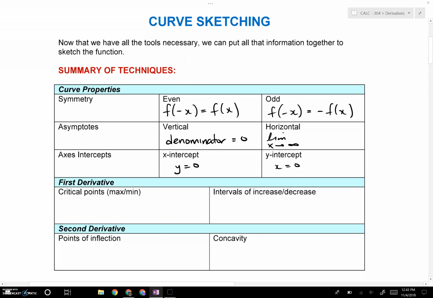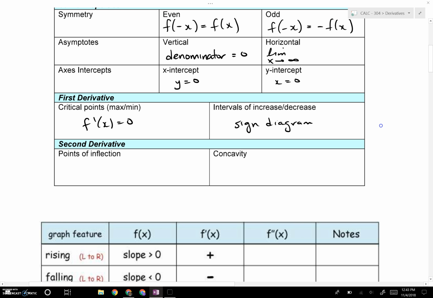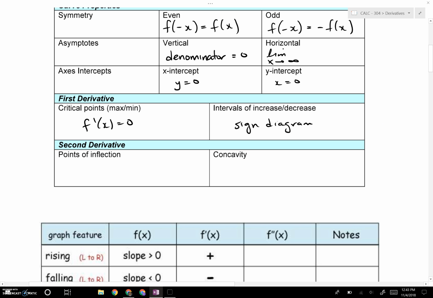In the first derivative, in order to find the critical points and the intervals of increasing or decreasing, we find where the derivative is equal to 0, and then we make a sign diagram. And then if we want to find our points of inflection and our concavity, points of inflection is where the second derivative is equal to 0.